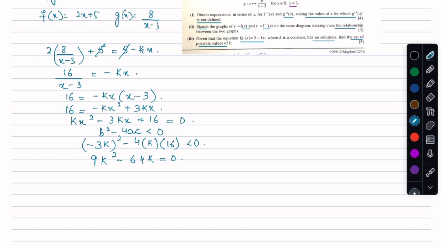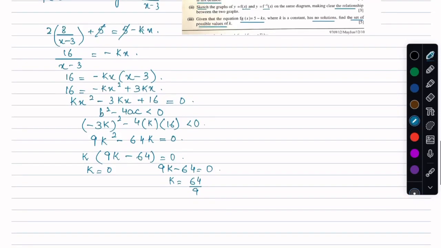So here k can be taken as common, so that you are left with k times 9k minus 64, which is equal to 0. So one of the values of k is 0, and for the other, 9k minus 64 equals 0, and k will be equal to 64 divided by 9.